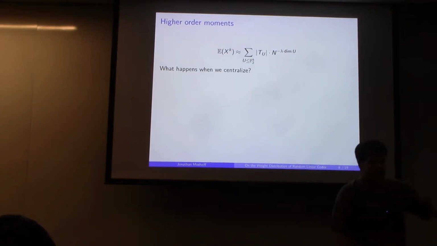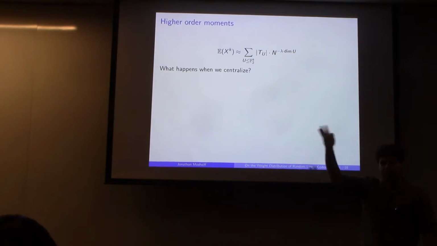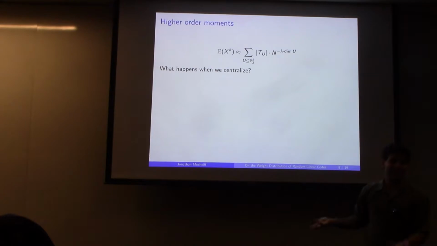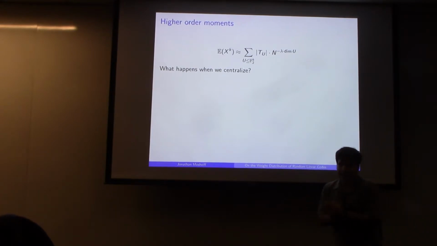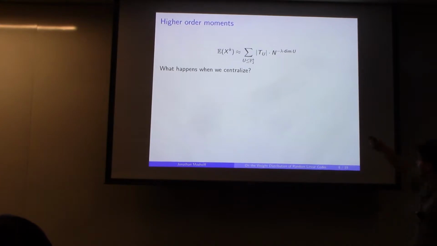Because if I have the expectation of x to the something times y to the something times z, where z appears only once, then after centralization, the expectation of z is 0. And because it's independent of the others, to get the influence of the tuple I just multiply everything by the expectation of z, so I get a 0, and it vanishes.